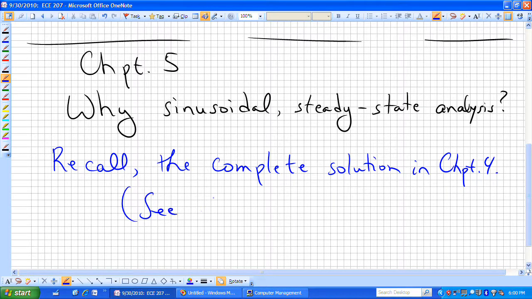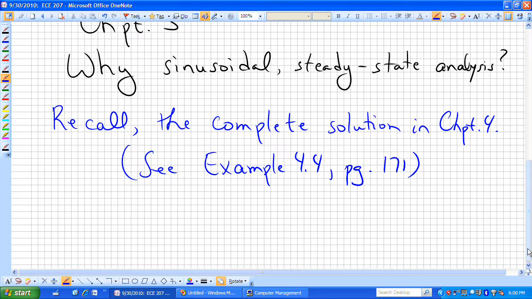You might go back and look at example 4.4 on page 171 to refresh your memory, but with all of those solutions in Chapter 4, we were looking at the complete solution, let's say, of the capacitor voltage being given by two parts, one part the homogeneous solution and the other the particular solution.